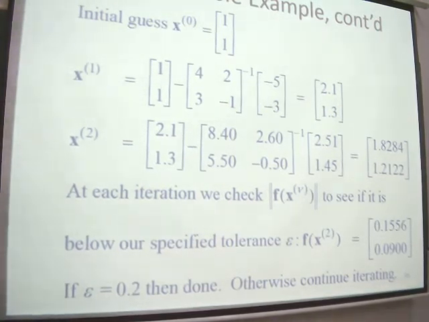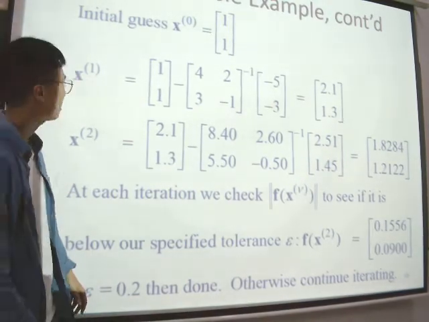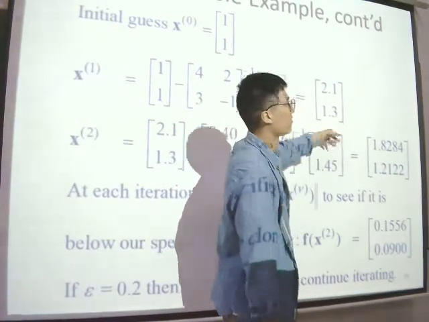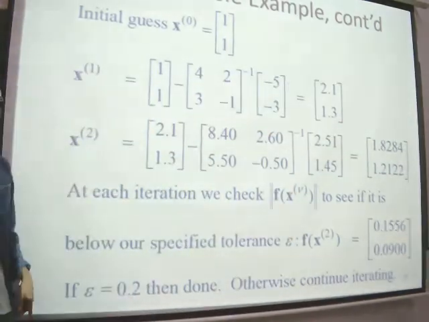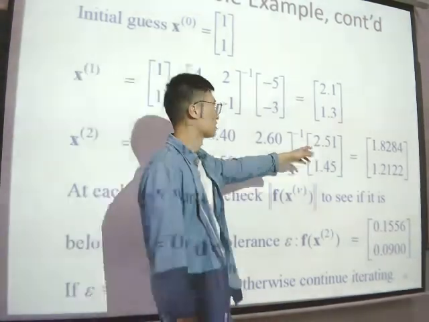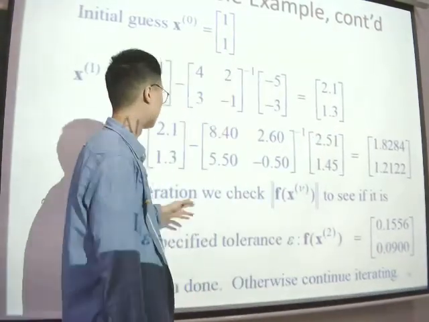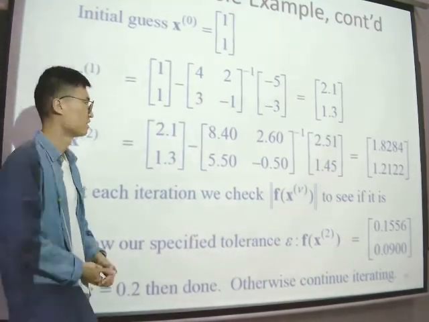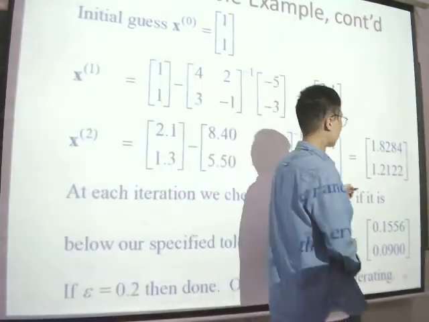At least you need to know how to use the calculators. So we get the first iteration value. This is the first step, and then this value will be used as the input in the second step. The estimate works like this.